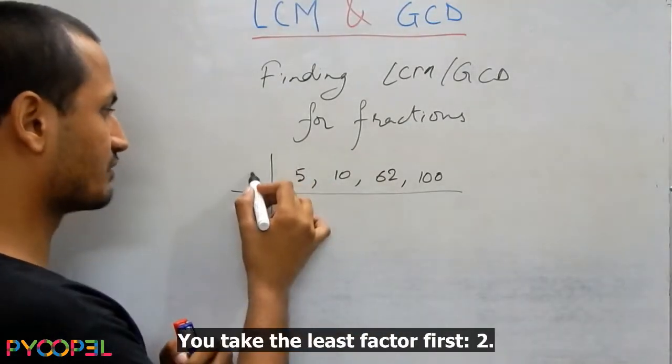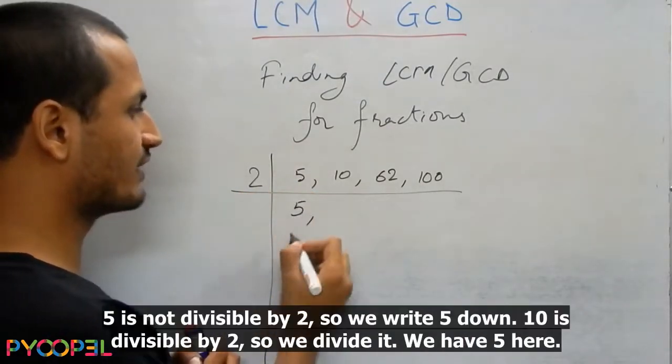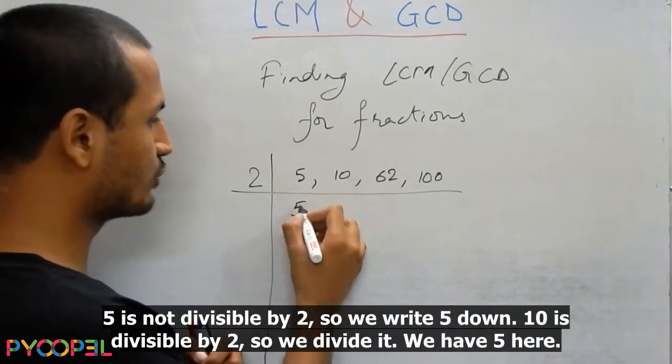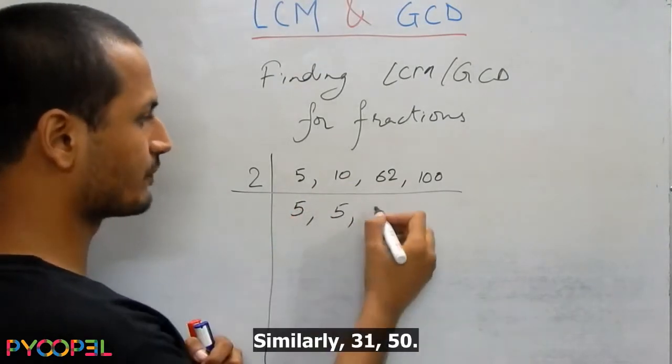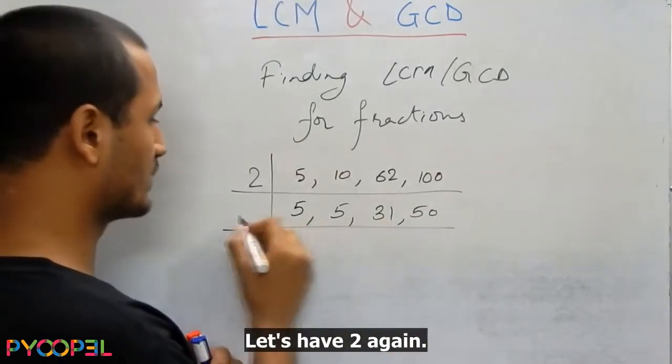You take the least factor first, 2. 5 is not divisible by 2, so we write 5 down. 10 is divisible by 2, so we divide it. So we have 5 here. Similarly, 31, 50. Let's have 2 again.